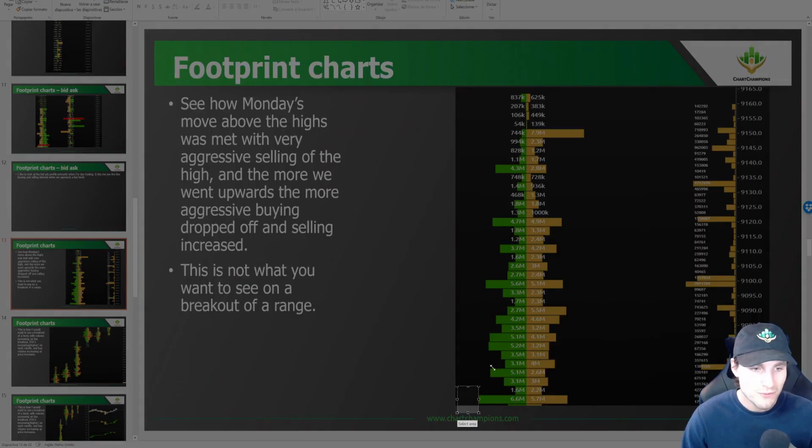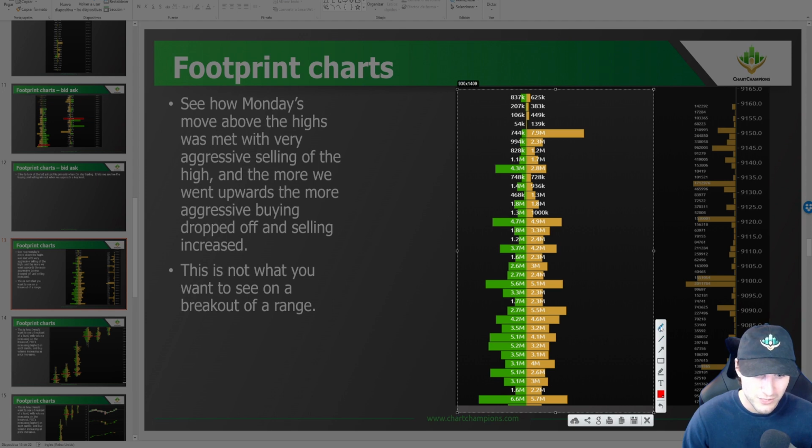If you want to view this a little more visually, it's almost going downwards, so to speak. We're getting less and less people interested in buying the higher we get to the top of the candle, whereas the selling has got to its climax.